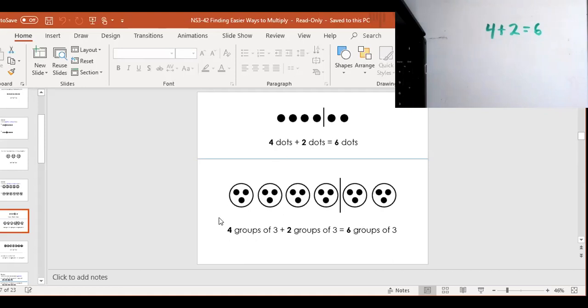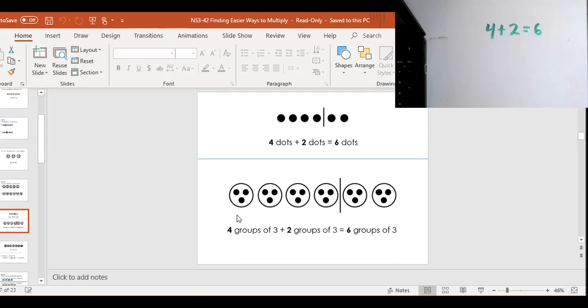And then when you were talking about multiplying, so just like we can break up 6 dots, we can also break up 6 groups of dots, or 6 groups. Okay, so we've got 6 groups, 1, 2, 3, 4, 5, 6, just like we had 6 dots, and we've broken it up so that we can have 2 smaller multiplication sentences that we're going to be working with.